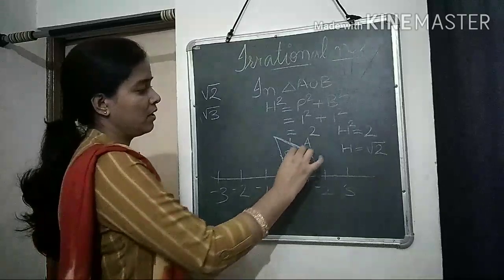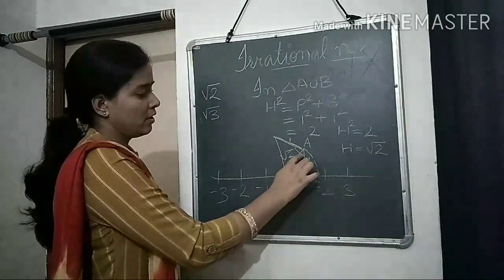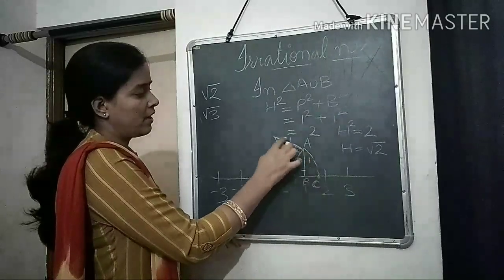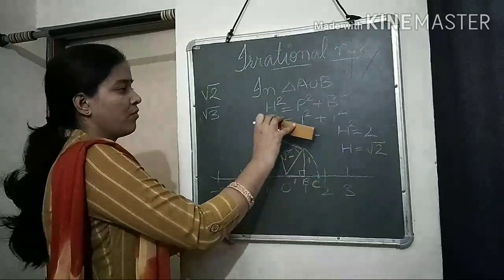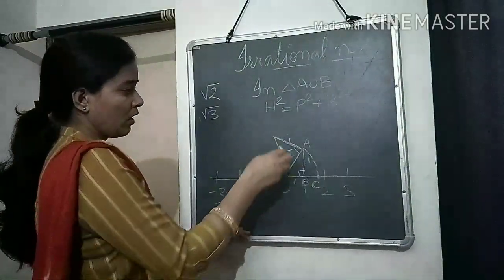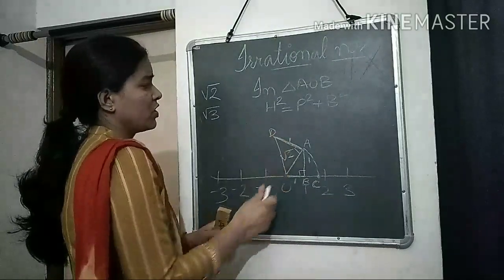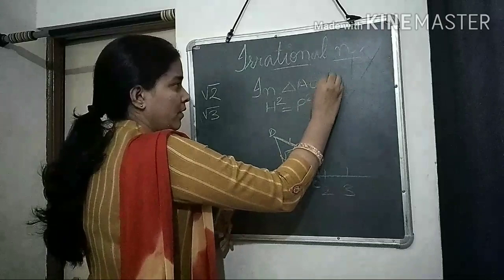Now what will happen? This is the 90-degree angle, a right angle triangle. The base is root 2 and the perpendicular is 1. If again I put the values in the formula, what will I get? Now this time we are changing the name of the triangle. It is AOD.